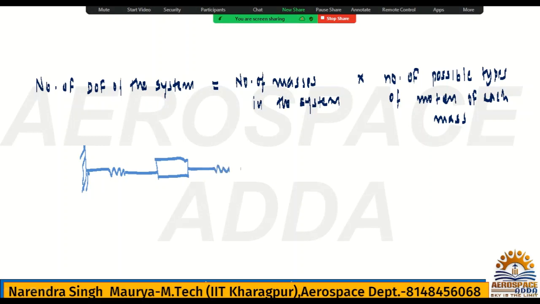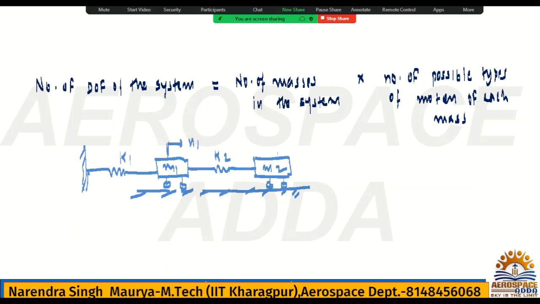Here this is m1, this is m2, this spring stiffness is k2, and this spring stiffness is k1. For this mass, the possible type of motion, we can say this will be x1, and because this is mass 2, this is the displacement x2.